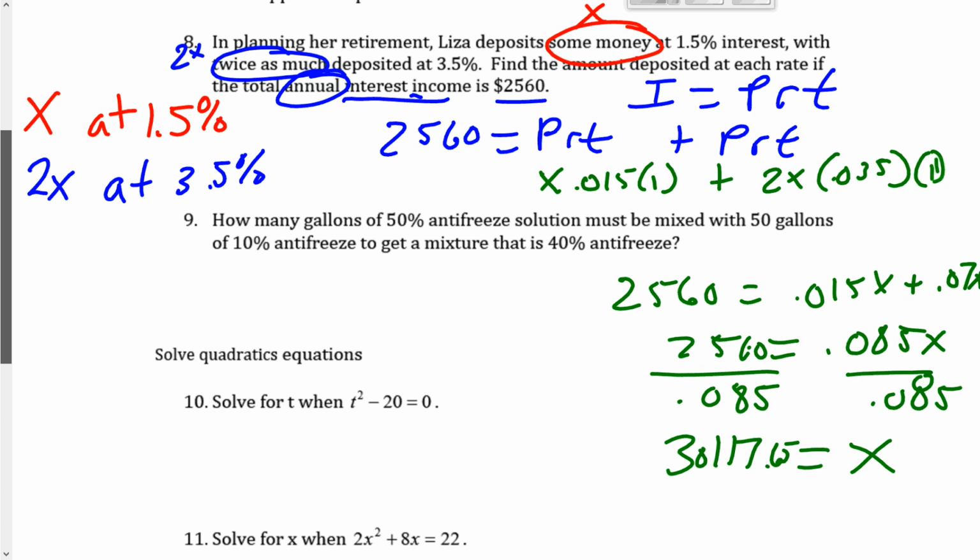That may not make sense, but you're thinking about making $25.60 in simple interest for 1 year, so that's our x, right? That's how much she's investing, so we can put that here. Our x is now $301.17 at 1.5%, and then 2 times that would be how much she invests in the other one, the 3.5%.